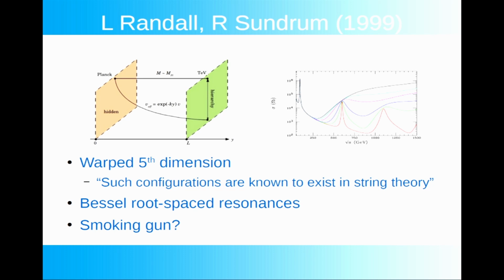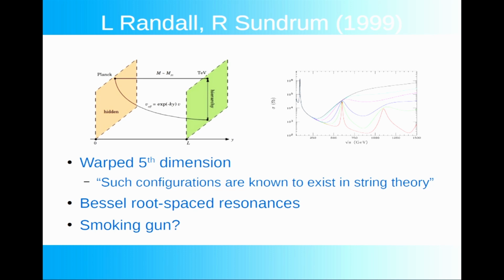But if the geometry is a dynamical thing, which is at the root of general relativity, why would you expect this very constrained geometry to be the only description? If you expect the geometry to be more dynamic and interacting with things, you would almost certainly not expect a purely warped geometry up there. And of course, that'll ruin your Bessel root spaced resonances.